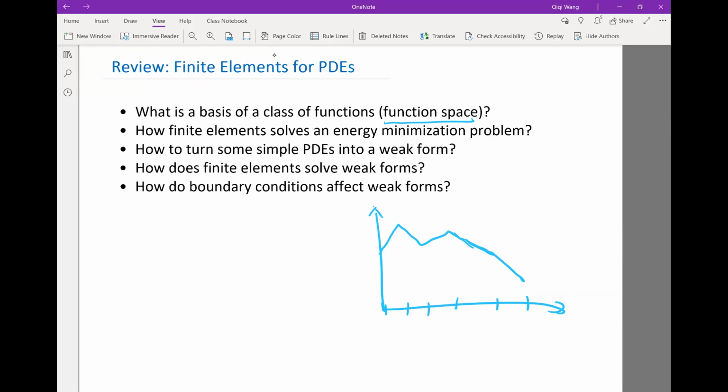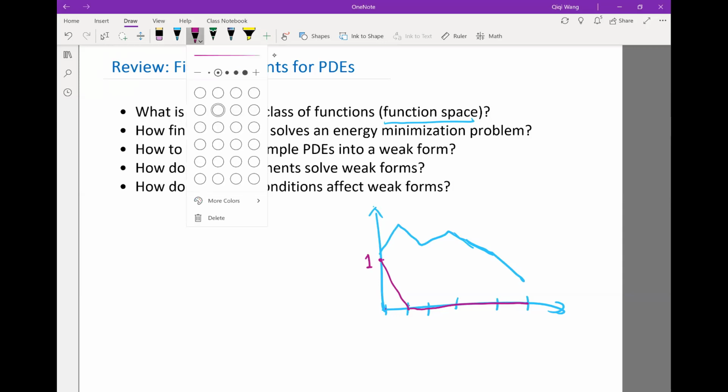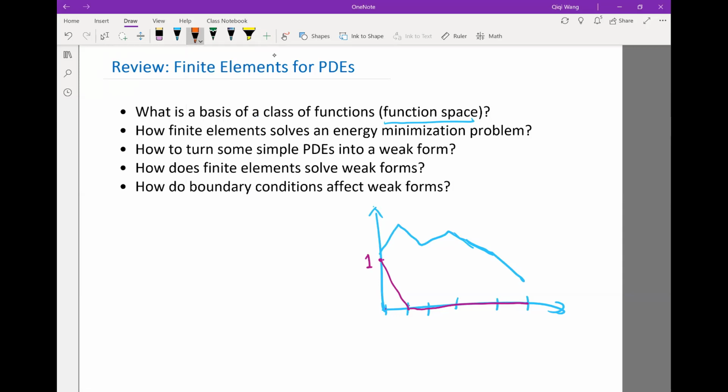A basis is a set of functions within the class of functions that you can use to perform linear combinations to get any function you want within the space. We have studied a particular basis that we call the nodal basis. It's the set of functions that are equal to 1 at one particular grid point and equal to 0 at all other grid points. So this is one element in the basis, and the second element would be 0 here, but 1 here, and go back to 0.